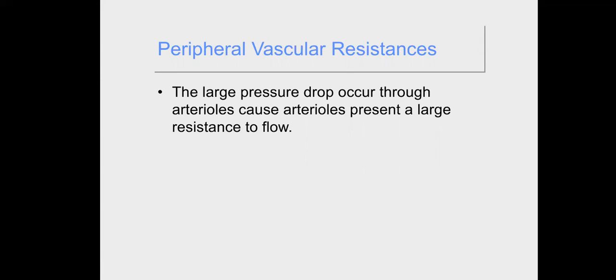So when there is a vasodilation of any part of these segments, it will affect the flow to the organ. And when there is a decrease in venous return, this will affect the flow of blood to these organs.